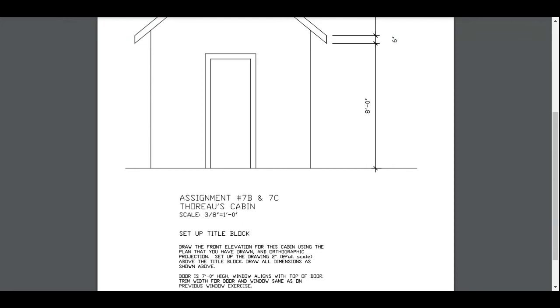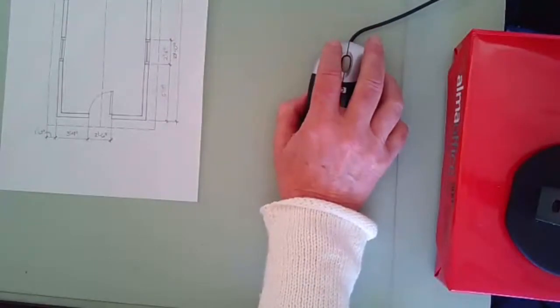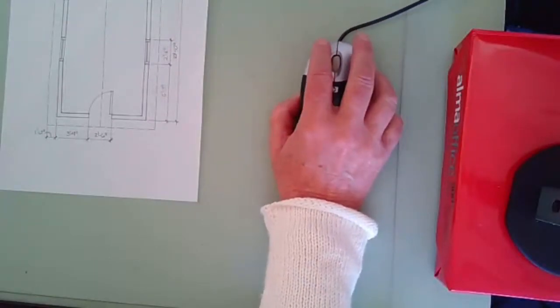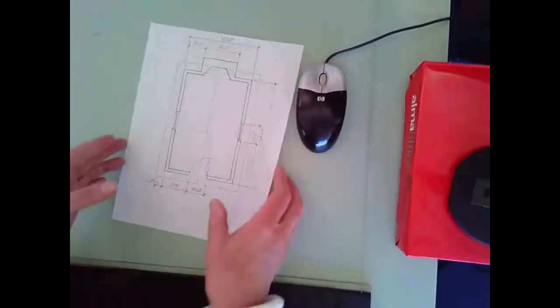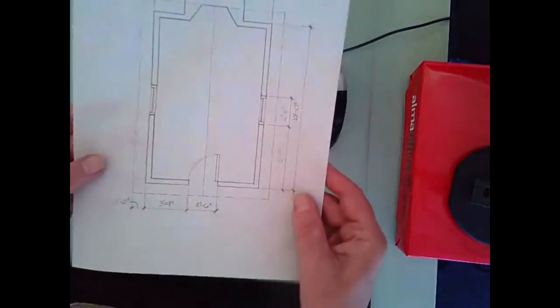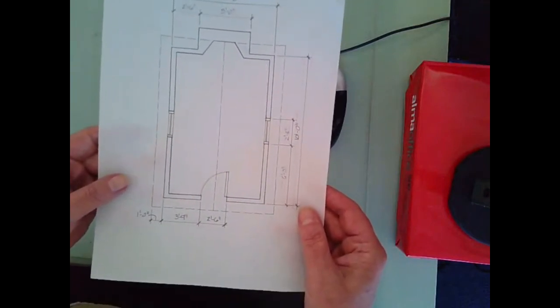So let me share my camera so you can see my drawing. So here's the drawing that I did previously with you guys with all of the dimensions on there.